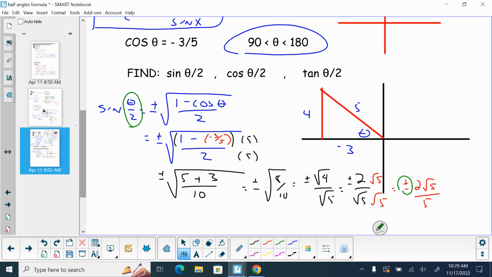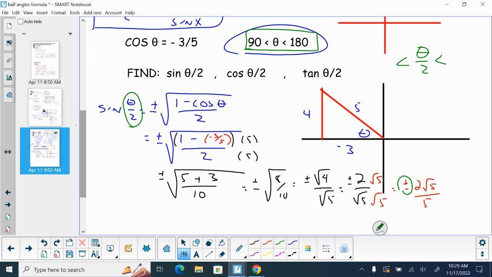I'm trying to find the sine of half theta. If theta is between 90 and 180, half theta is going to be in between what and what? Theta is between 90 and 180.